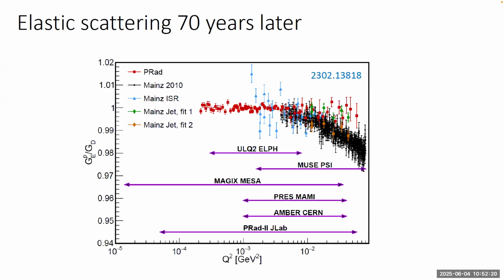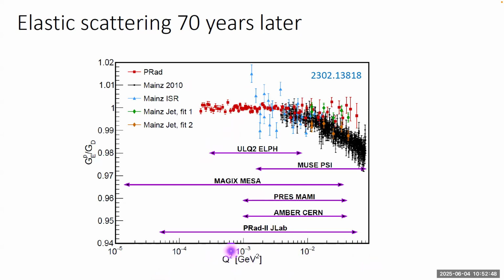It's quite remarkable that people are still doing these experiments, and lots of experiments are doing this. Even after 70 years, there are many experiments going on, and even future experiments planned. This is a compilation of the existing data and the future experiments. You should look at the x-axis here.